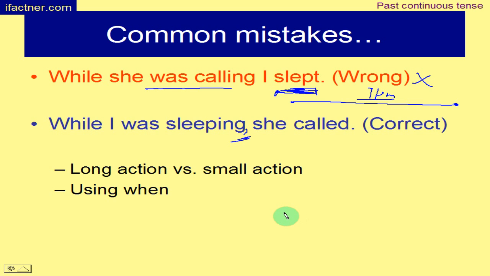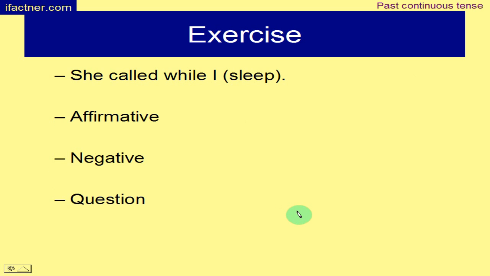Now, guys and girls, we will do some exercises. You will have to write down the affirmative, negative, and question forms of past continuous tense for a sentence. She called while I sleep.